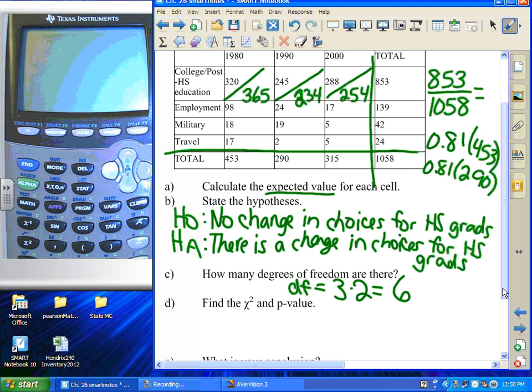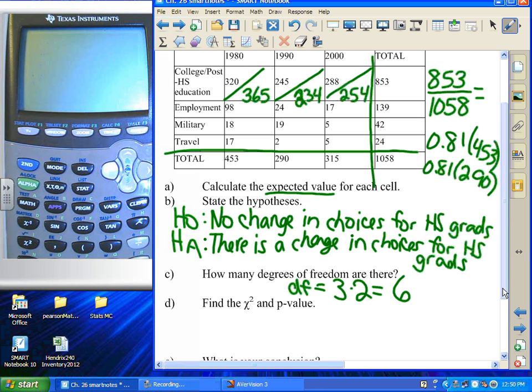Okay, so if you were going to do the same thing for employment, you would do 139 divided by 1,058. Don't do it. But that would give you the percent that are planning on getting a job. And then you'd multiply that percent times the totals. Does that make sense? Get a percent, multiply times the totals.